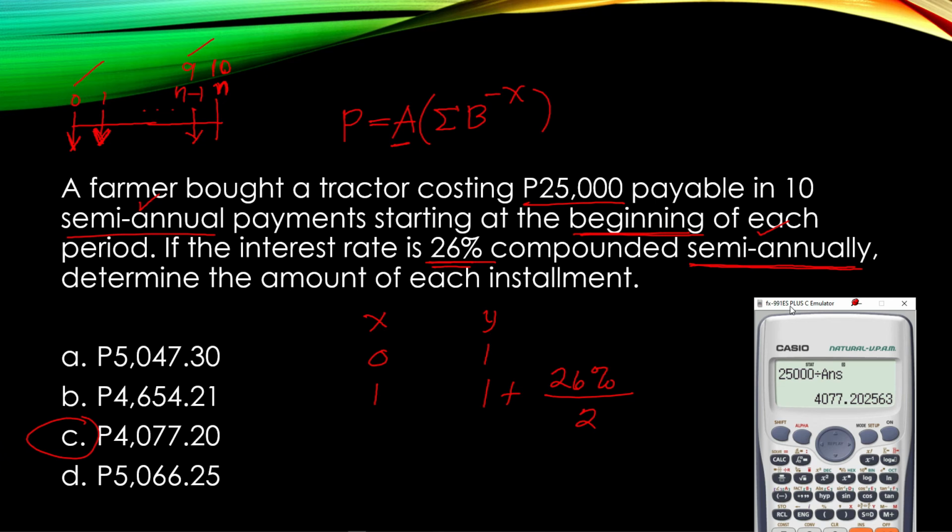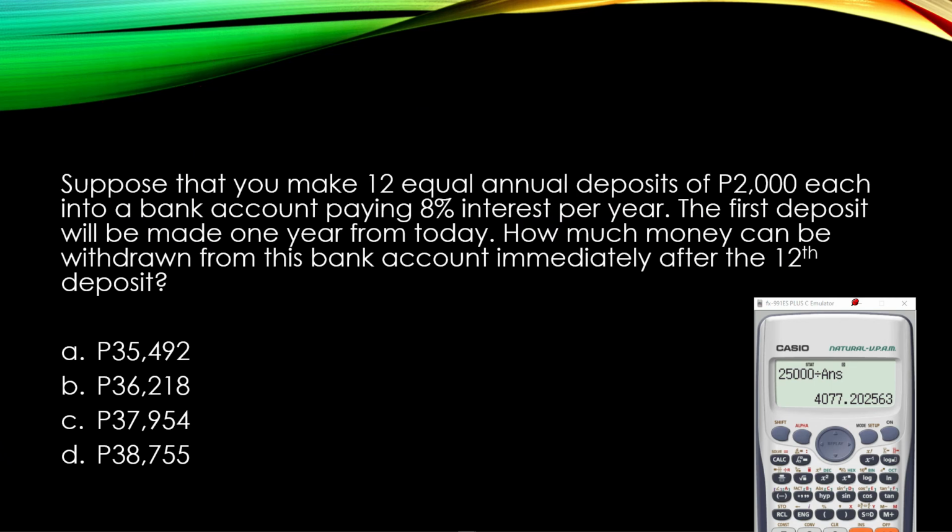Okay, so let's try another example. Marami example to. This one, medyo challenging siguro to, kasi nga, mahaba yung question. Suppose that you make 12 equal annual deposits of 2,000 each into a bank account paying 8% interest per year.